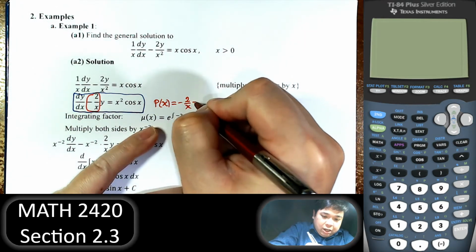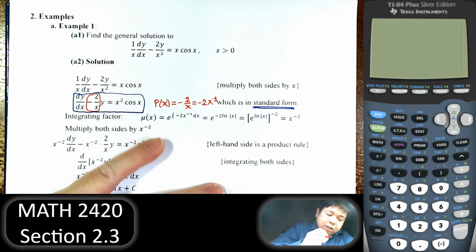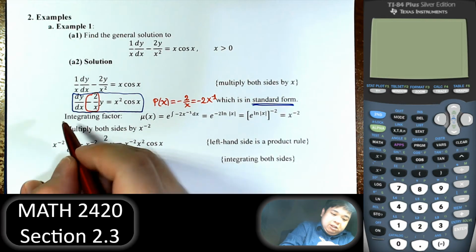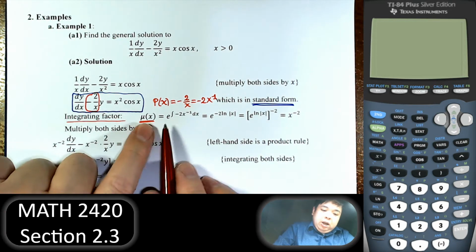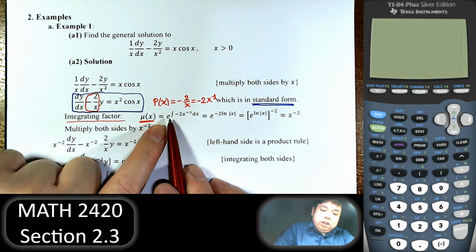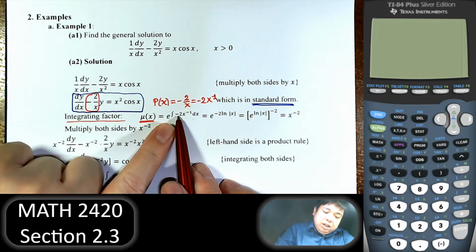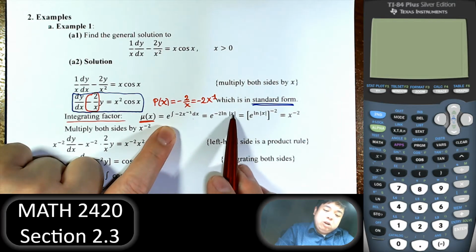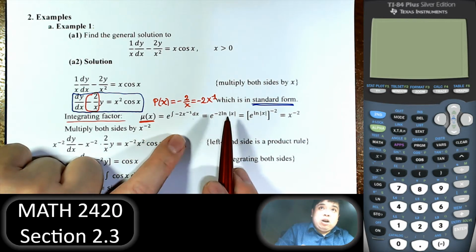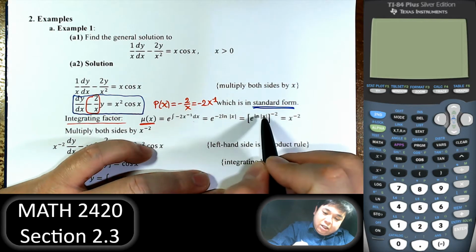Or we can write it as -2 x to the -1. Now the integrating factor is mu equals e to the integral of p of x dx, and the integral of -2 x to the -1 is -2 ln of the absolute value of x. Don't forget there's an absolute value here. Right, and there's a property where we can take the exponent inside.